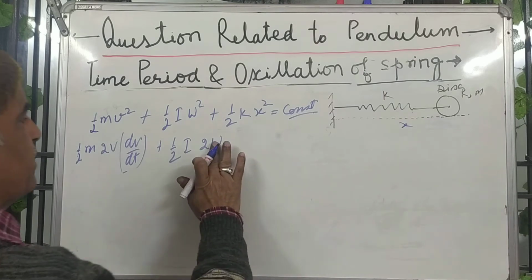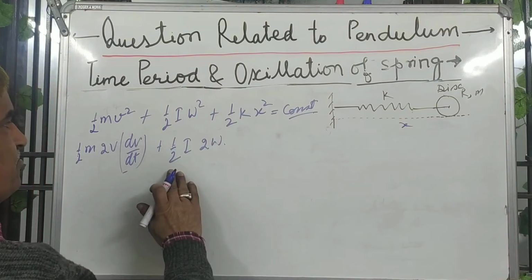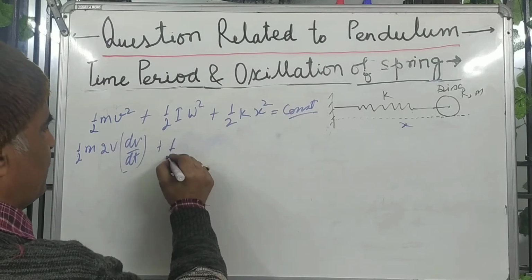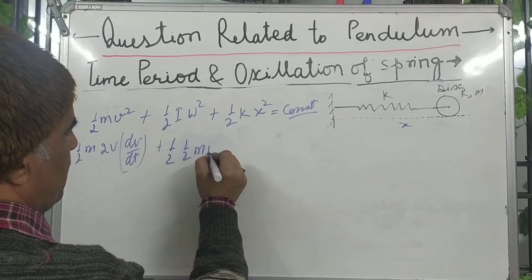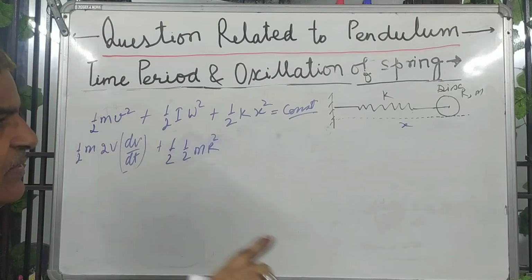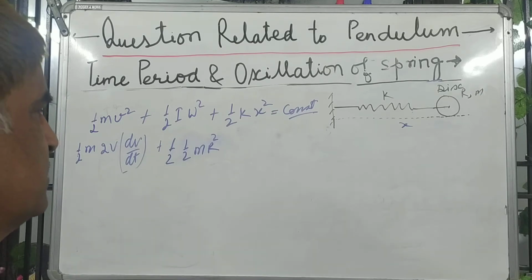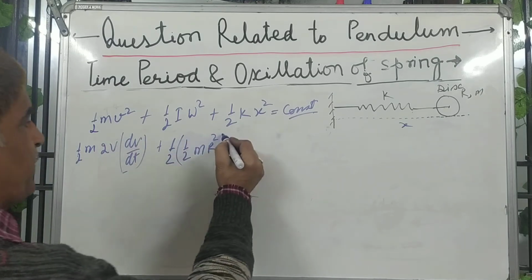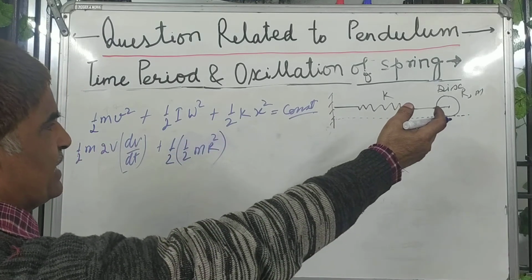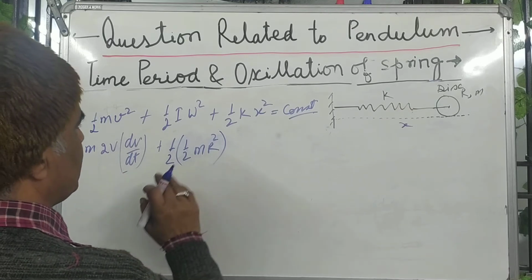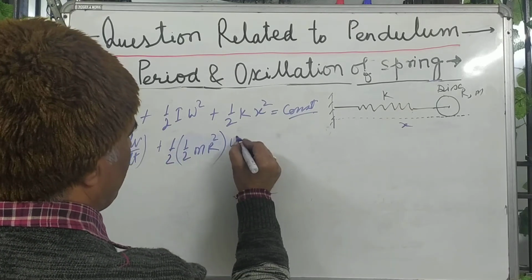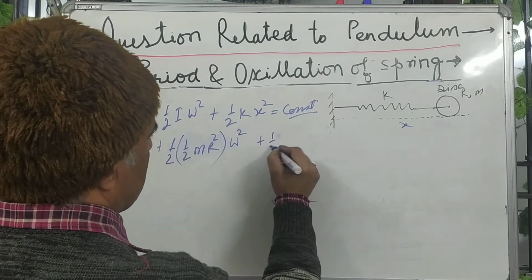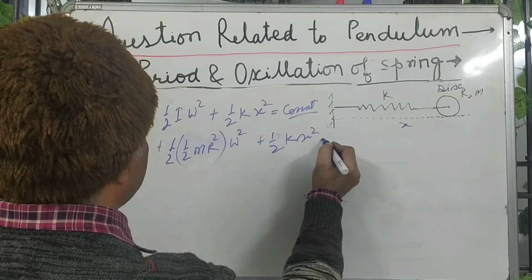The inertia of the disk is half m r square, and if there is any doubt you may write m k square. Because it is a disk, we write half m r square. This is inertia into omega square, and omega r is the linear velocity, plus half k x square.